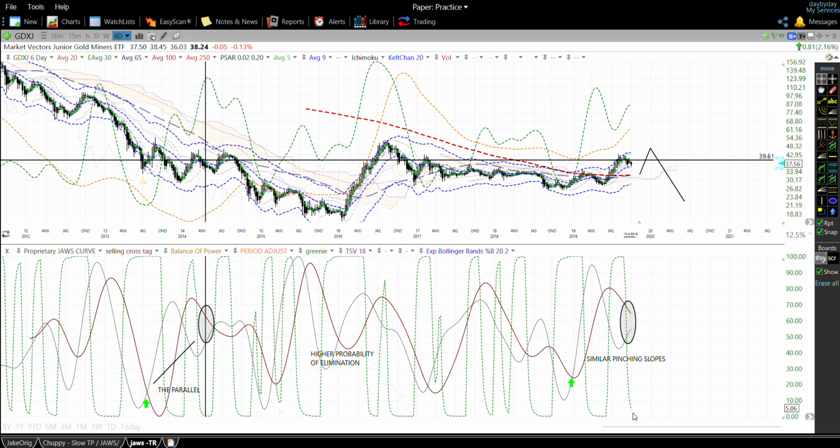Greeny is still in the middle of making that drop, so that may put us slightly to the left of that, which would be maybe right about here if we wanted to get picky. So as the slopes come together, this looks like it may be the line.